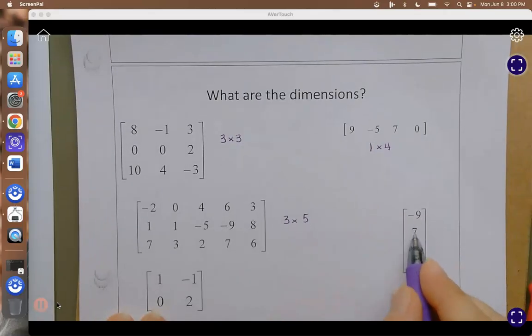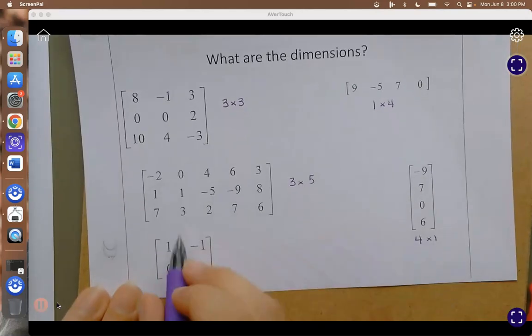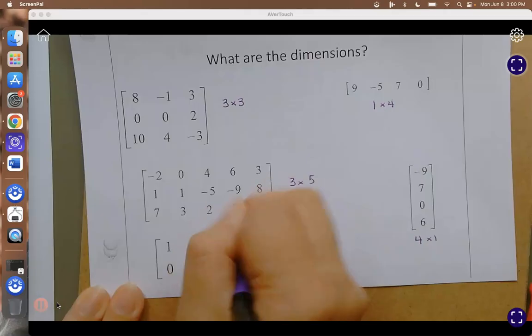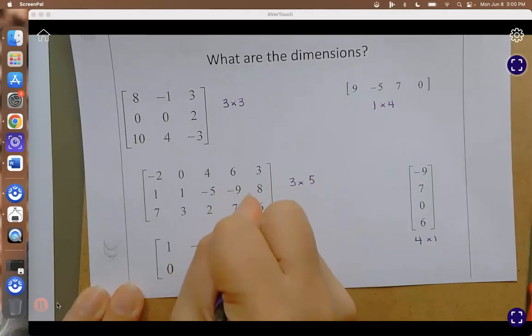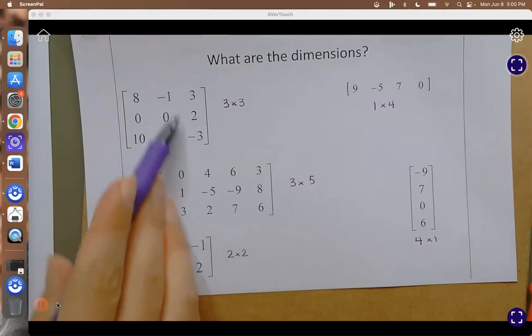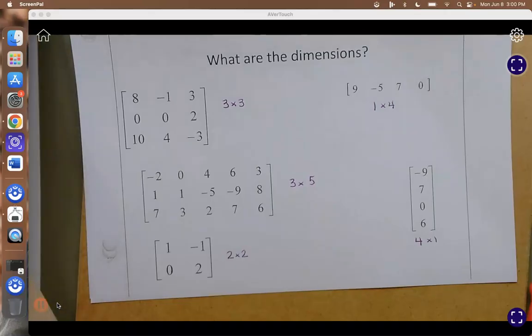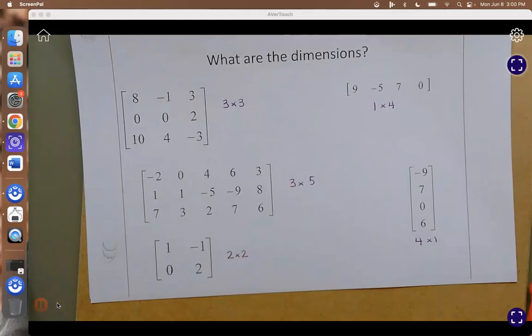This one has 1, 2, 3, 4 rows and 1 column. This has 2 rows and 2 columns. Now when a matrix has the same number of rows and columns, we call that a square matrix because it's the same on both the rows and columns, and square means has the same measurements on each side.